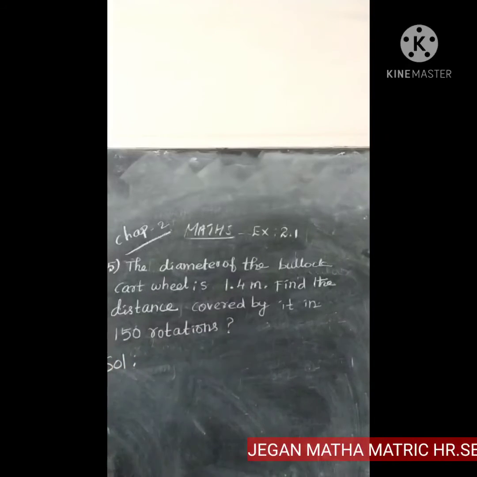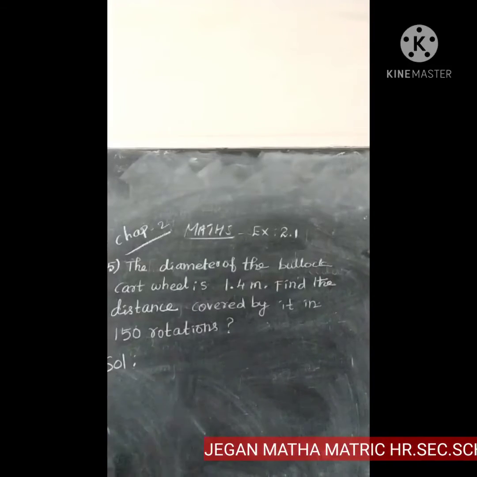So the diameter of the bullock cart wheel is 1.4 meter given. We find the distance covered by it in 150 rotations.